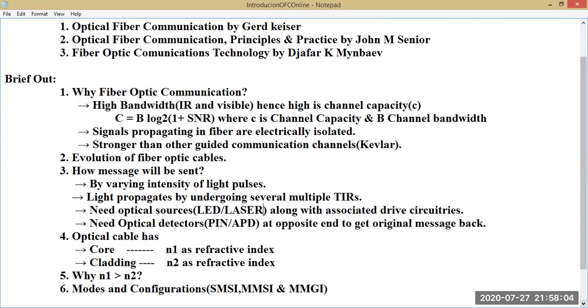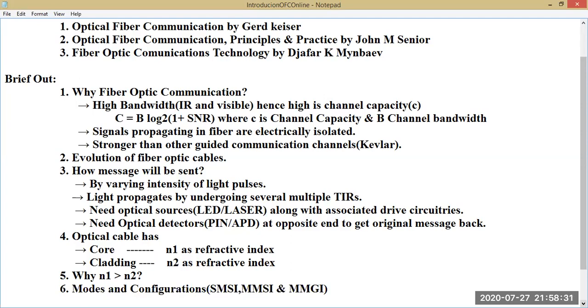You just remember one point regarding these light pulses. Always, these light pulses will propagate into that material whose refractive index is high when compared to the other material. So if the core refractive index is less than the cladding refractive index, then propagation of light is not possible.